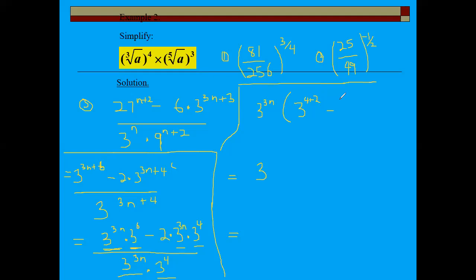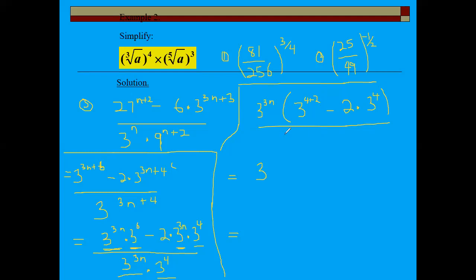So minus, we have 2 times... Now we brought out the 3 raised to the power 3n out of the bracket, we factorize it. So we are left with 3 raised to the power 4, all over.